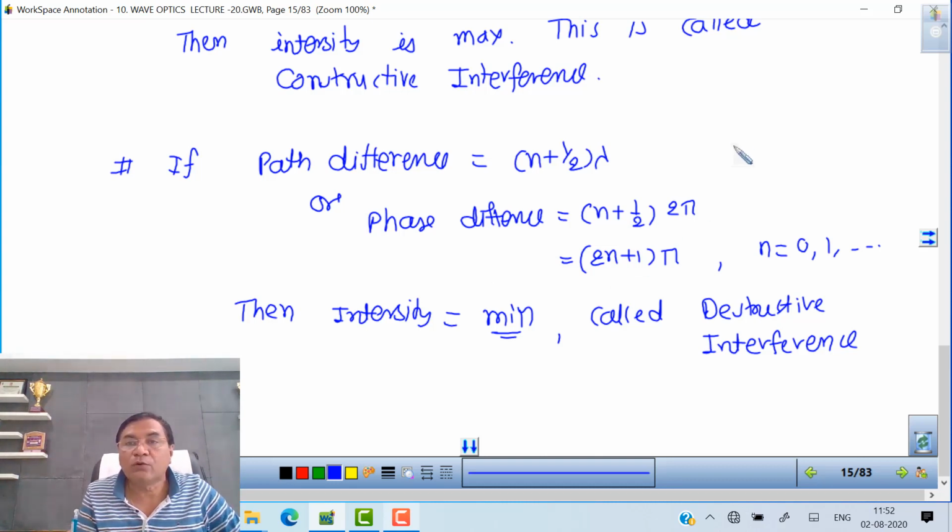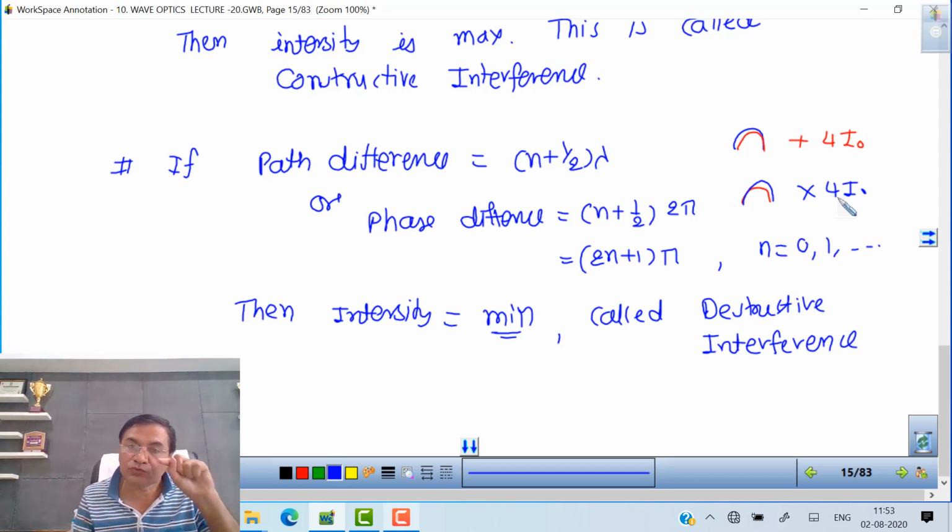તો આ કેસની અંદર જો આવું થતું હોય, એક 1 and this is 2, we get 4I0. But જો આવું હોત, this is and this is more than that, then it is not 4I0. It will be different, but it will maximum તો કઈ જગ્યાએ? Same thing is here.